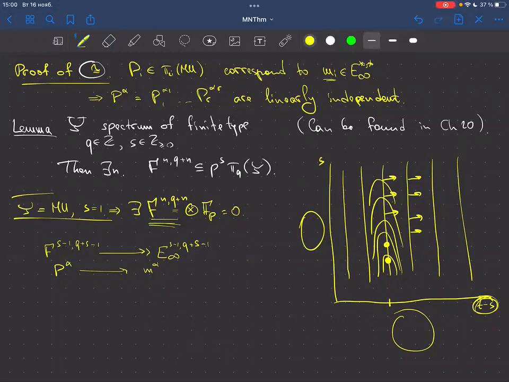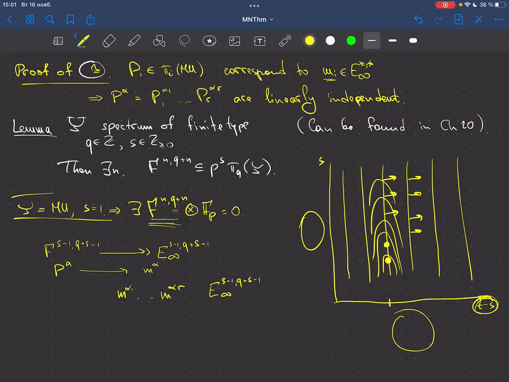Okay. So let's see what we have here. Now let M alpha 1 etc. M alpha R be monomials generating E S minus 1 Q plus S minus 1.